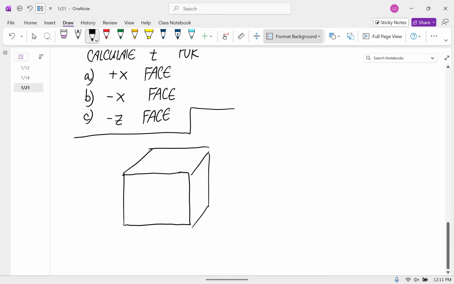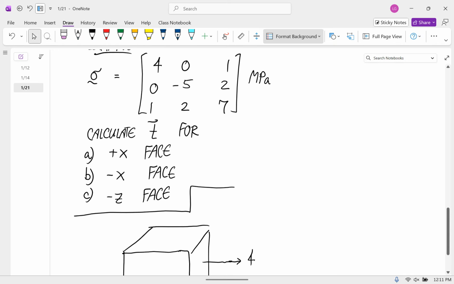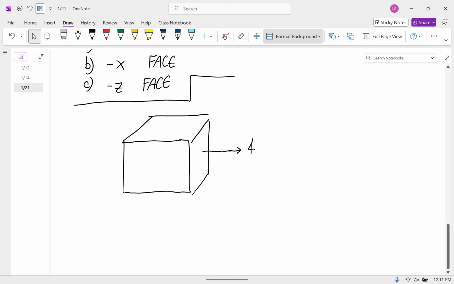So we have 4 megapascals going this way. And we have 1 in the positive z direction. That means that there's also 1 going this way.